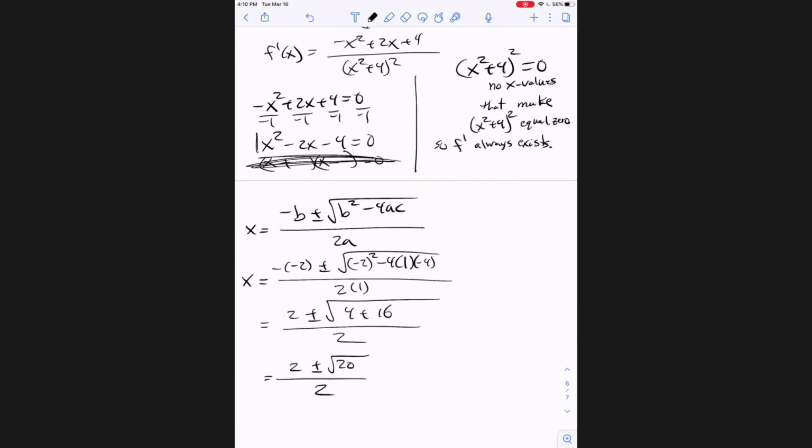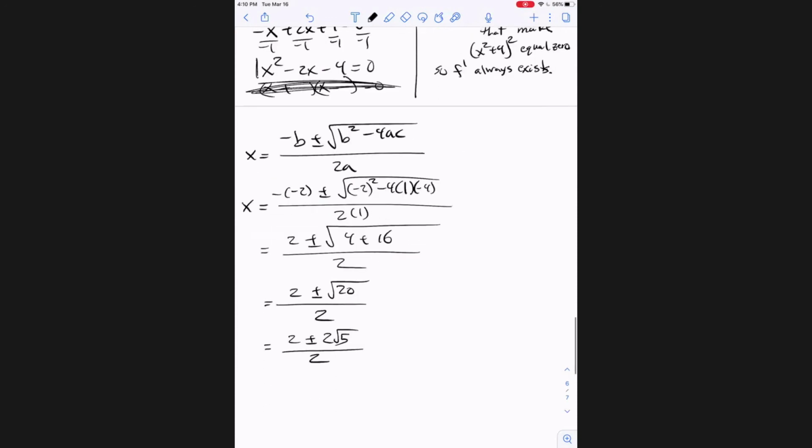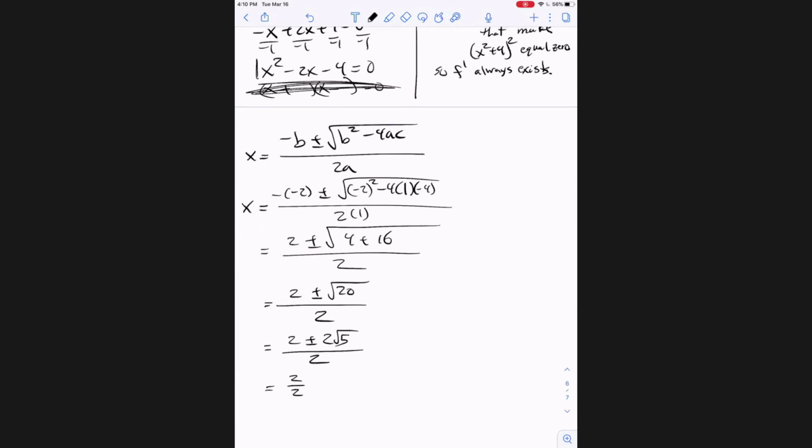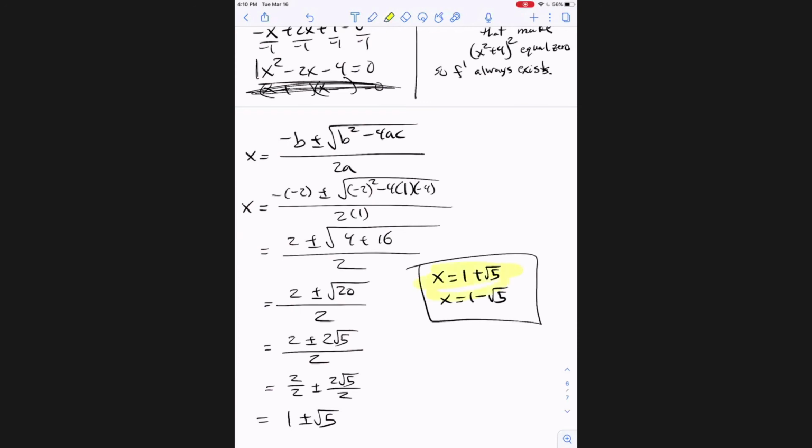All right, this does simplify. Radical 20 is 2 rad 5, because 2 times 2 times 5, you can take the 2 out, and then put 2 underneath each one. And we finally get 1 plus or minus radical 5. So your critical numbers are x equals 1 plus radical 5 and x equals 1 minus radical 5. That's a long one.